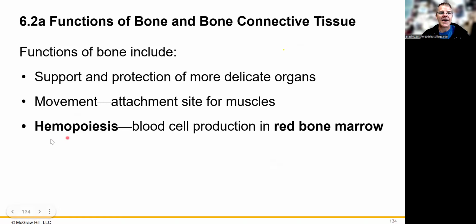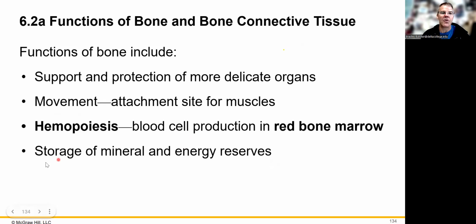And then hemopoiesis is the development and production of blood cells in red bone marrow, which produces red blood cells. Bones are also used to store mineral and energy reserves. That's one of the functions often forgotten about bones: they are an energy and mineral storage zone.